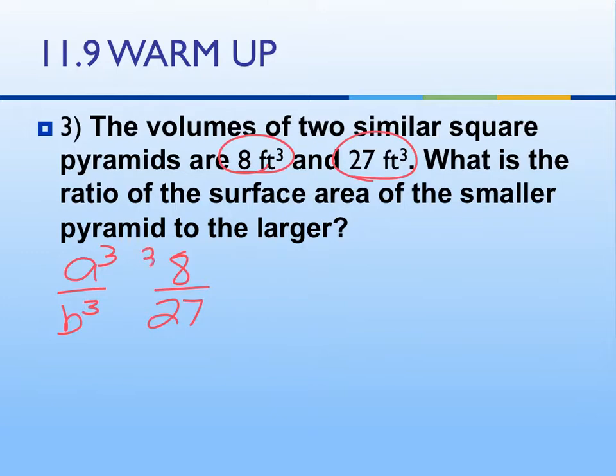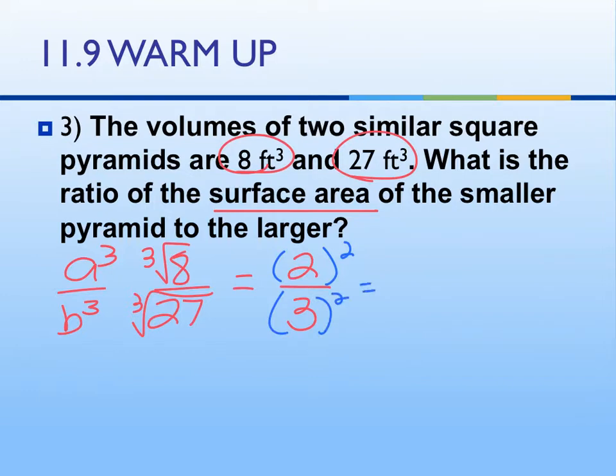So if I cube root 8 and I cube root 27, I end up with 2 and 3. That's the scale factor. This is the surface area. So then I can take that and square it, and I'd get 4 to 9. And that would be the ratio of the surface area.